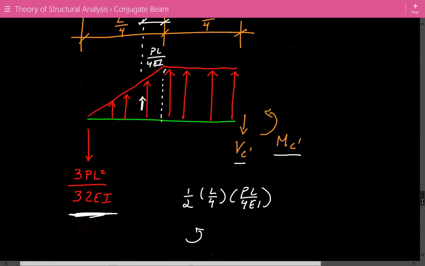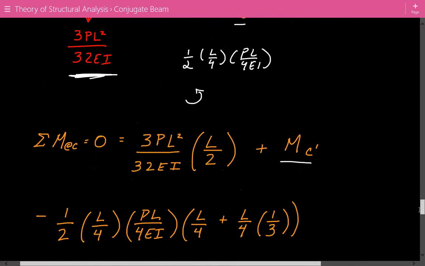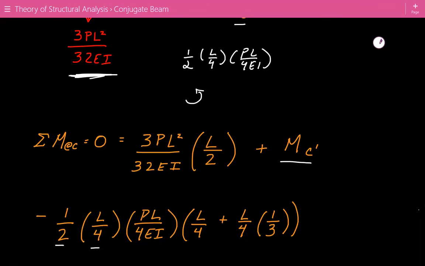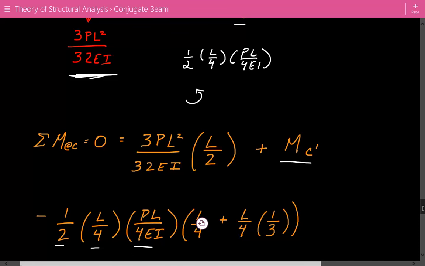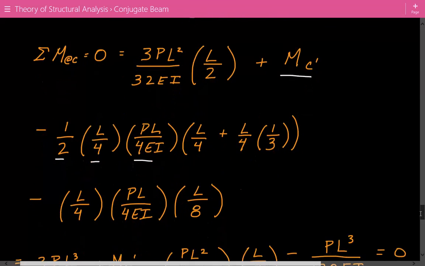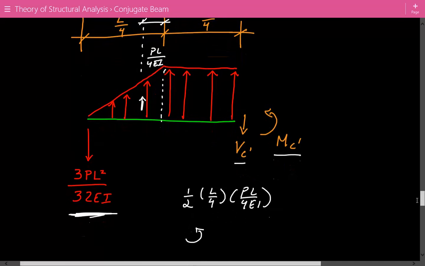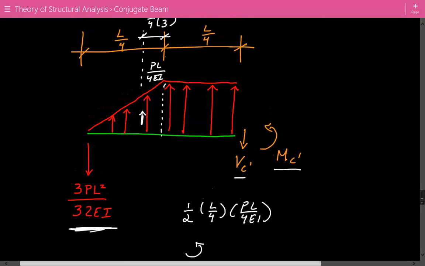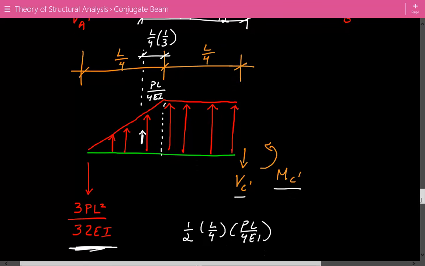So we have all this now. That's how we got this expression, 1/2 times L over 4 times PL over 4 EI. That's the resultant of the M over EI diagram for the triangular part. And then the moment arm is equal to L over 4 plus L over 12. And then minus, we also have to take a look at the rectangular portion. The resultant will be equal to length times width.